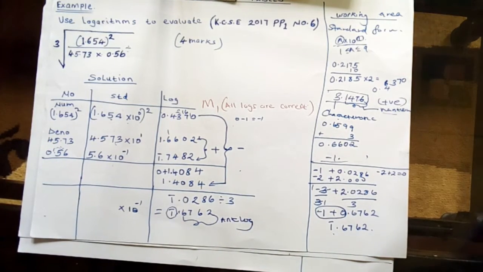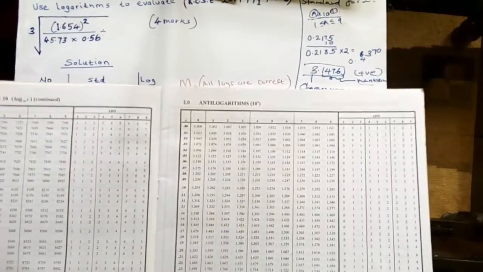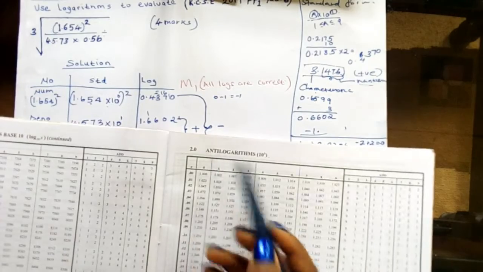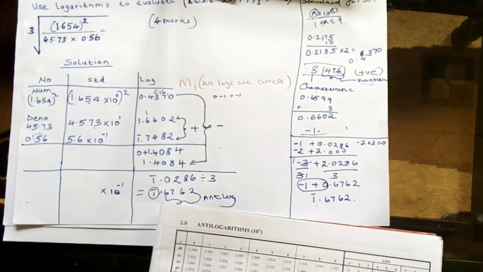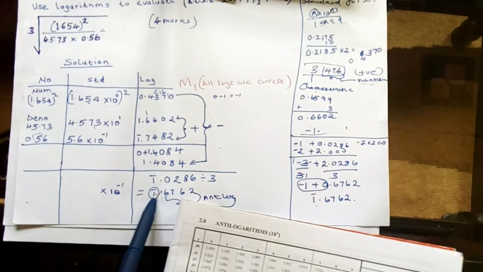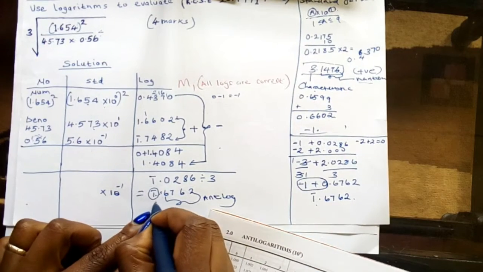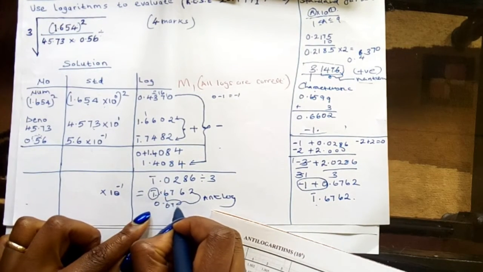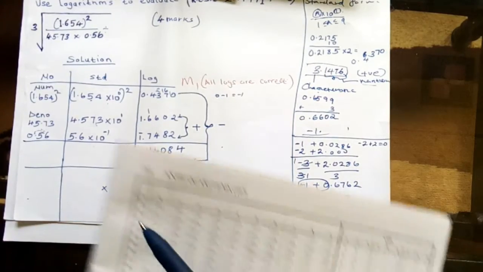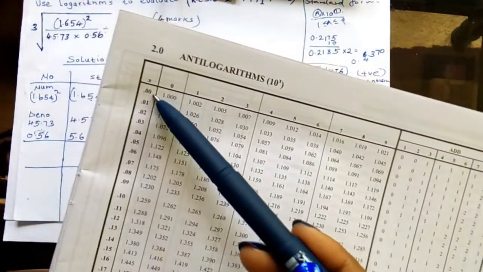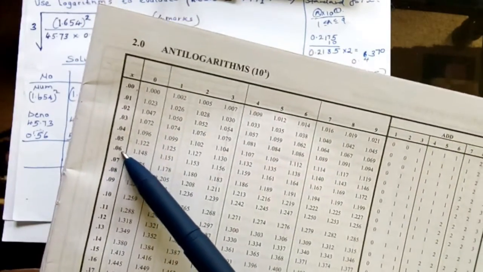So we take our table and go to the anti-logarithm tables. We look for 0.6, because the characteristic has taken the power of 10, so what we are left with is 0.6762.